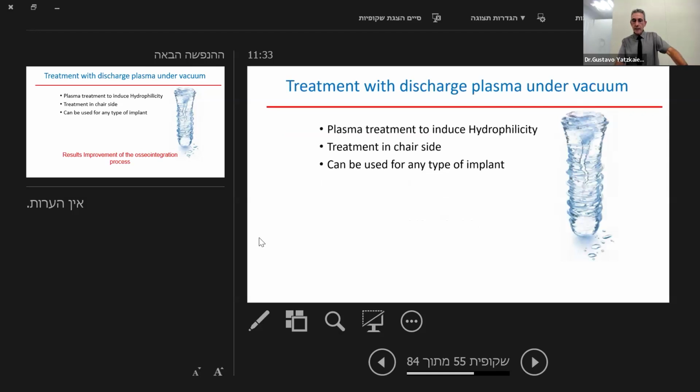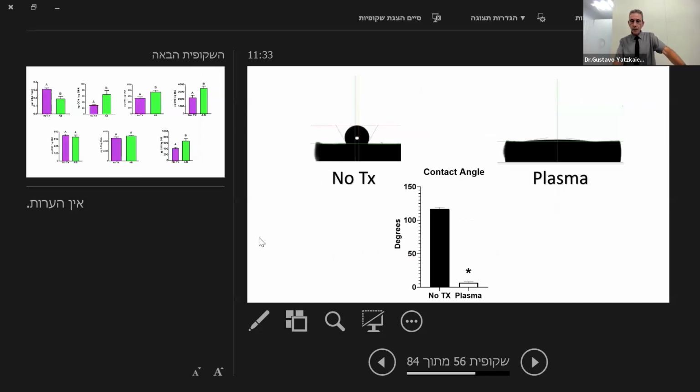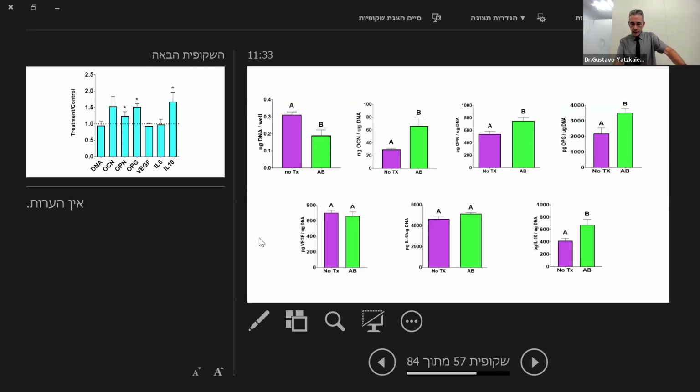The third device that I want to present now is the DBD with the vacuum. The group checked the same thing. We can see in the upper right part that the drop was totally hydrophilic, less than, I think, 2 or 3 degrees, a super hydrophilic surface.